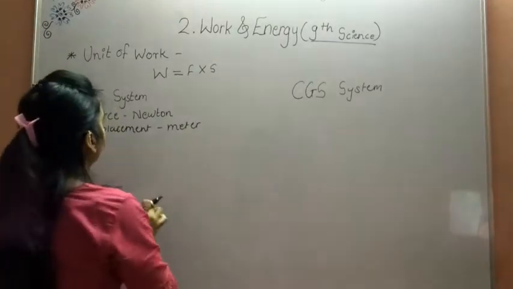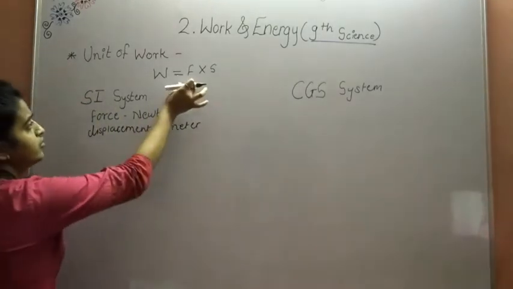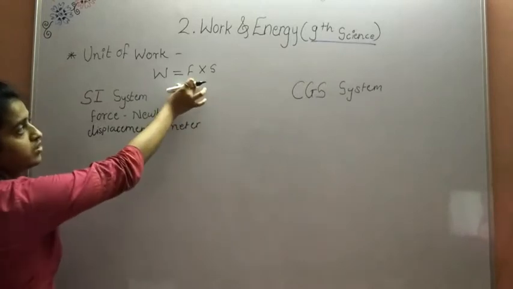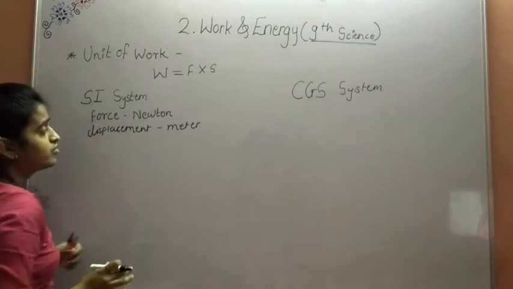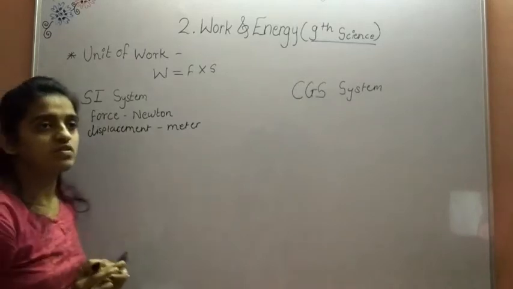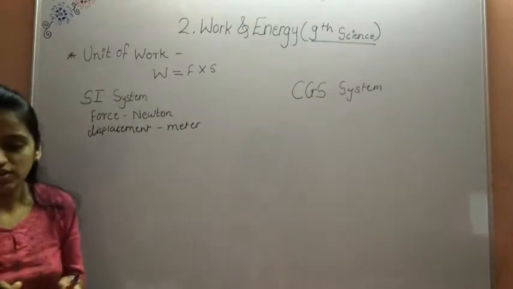So the combination, Newton meter, is called a joule.